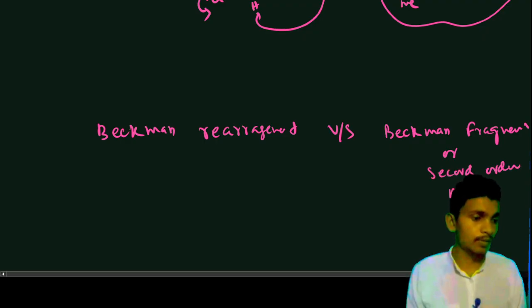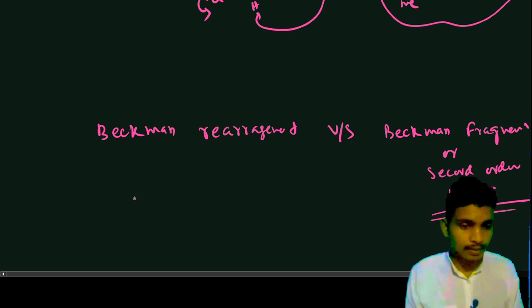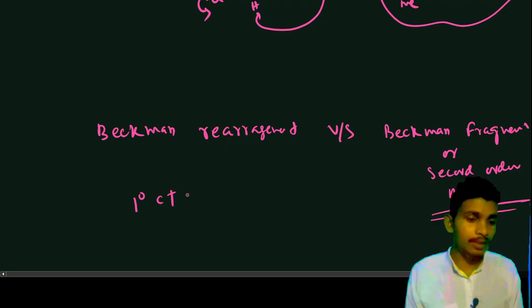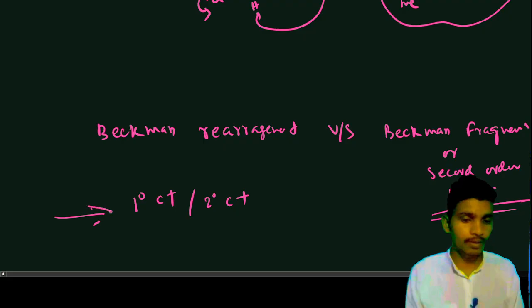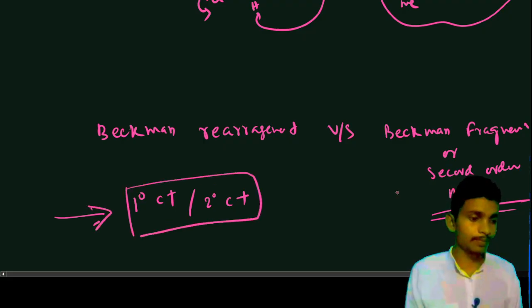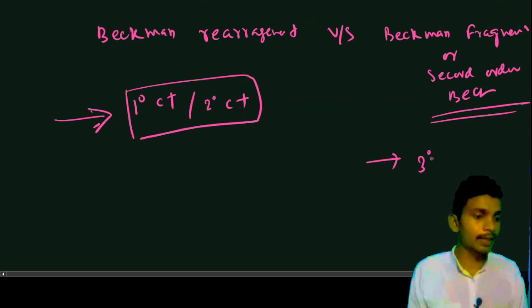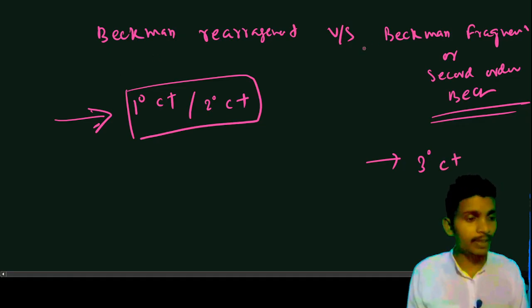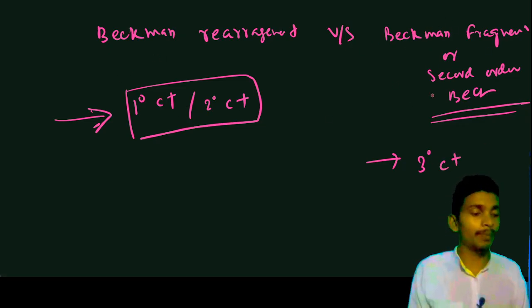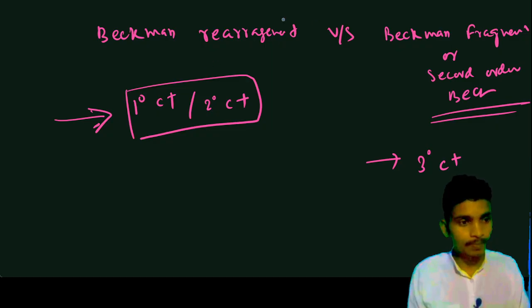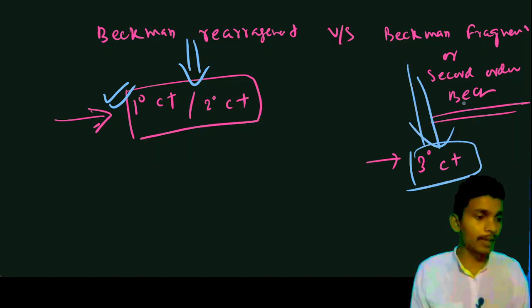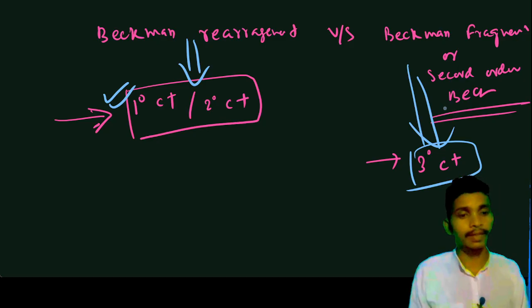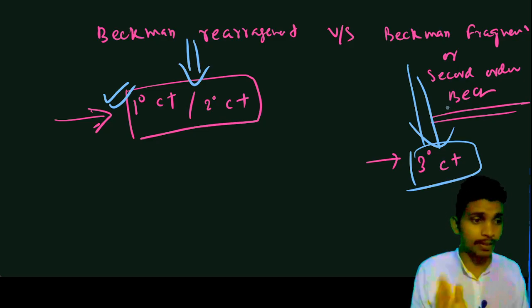Okay, so this is applicable for 1-degree carbocation or 2-degree carbocation. This is the important point. If it is 1 degree and 2 degree, and if it is a 3-degree carbocation, at that time the Beckmann rearrangement will convert into Beckmann fragmentation. So if it is 1 degree and 2 degree, apply Beckmann rearrangement, and if it is a 3-degree carbocation, at that time apply Beckmann fragmentation. That is the difference between the Beckmann rearrangement and Beckmann fragmentation.